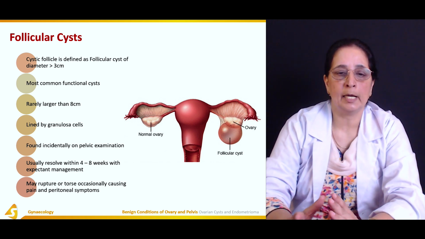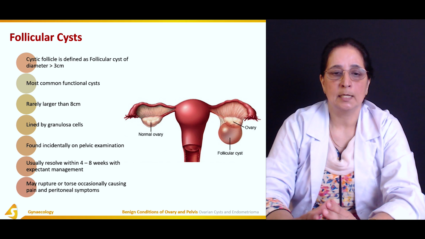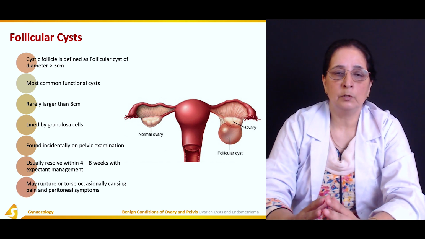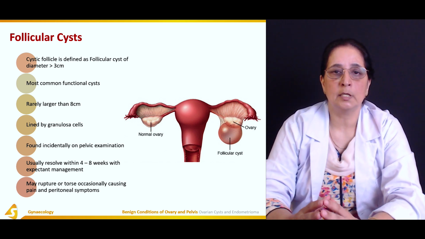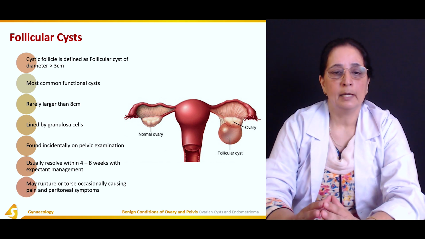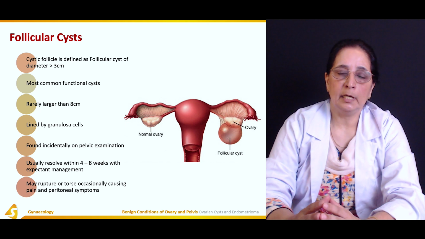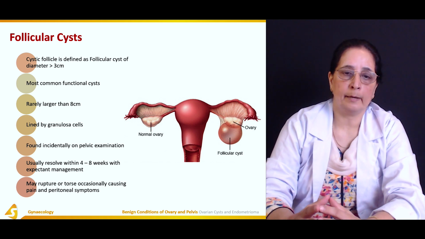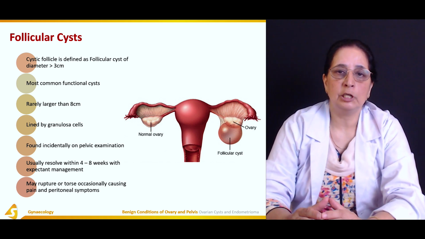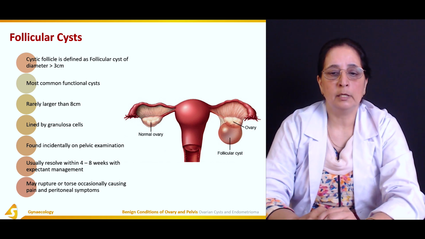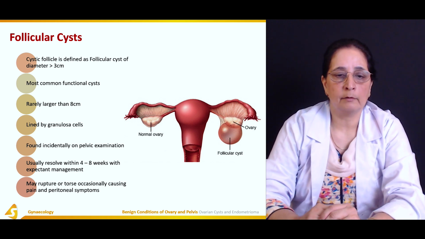Between 3 and 8 centimeter is the size. Follicular cysts are lined by the granulosa cells. Usually they are found on pelvic examination. When the examination is done, usually the follicular cysts are found.